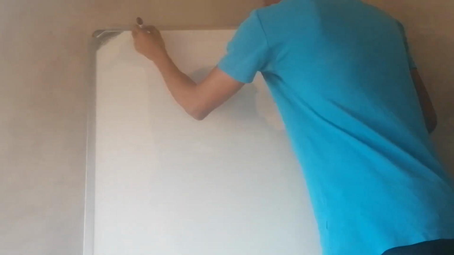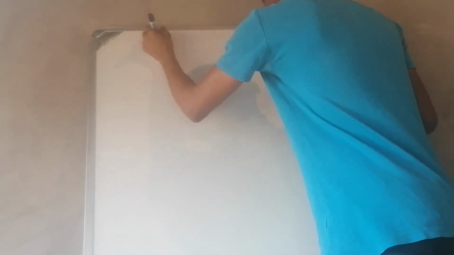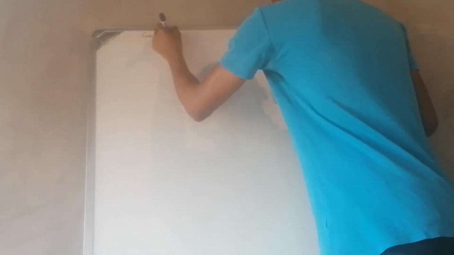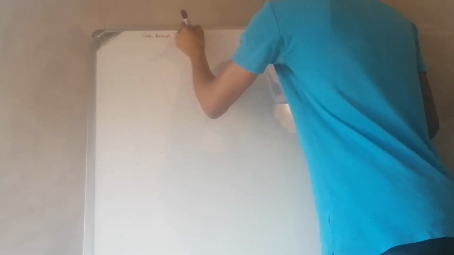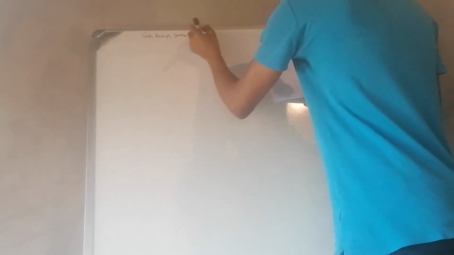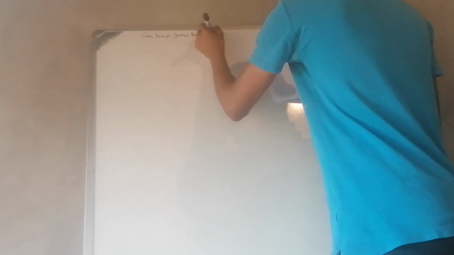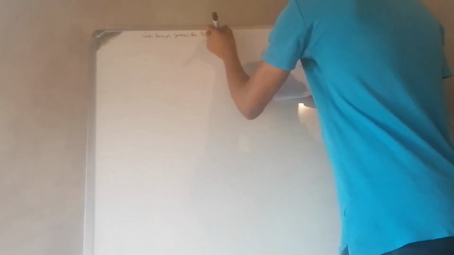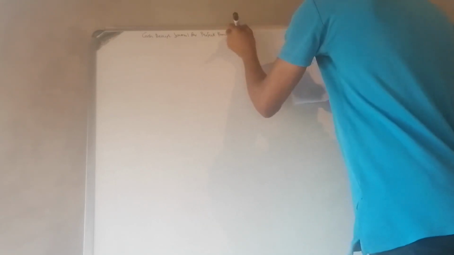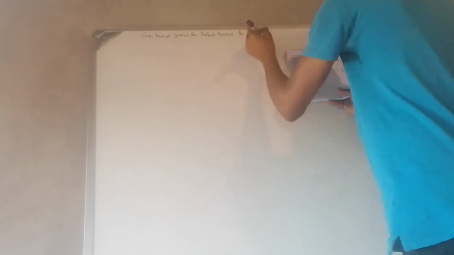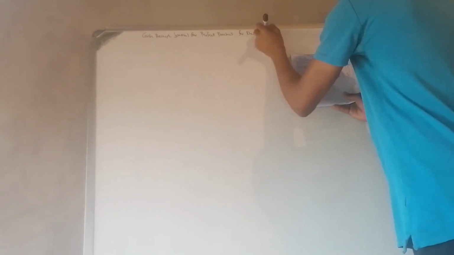Let's say, for example, this is a cash receipt journal for Perfect Purchase for December 2015.